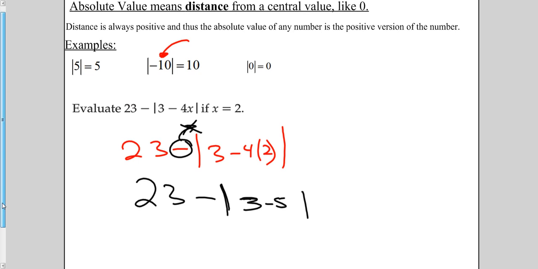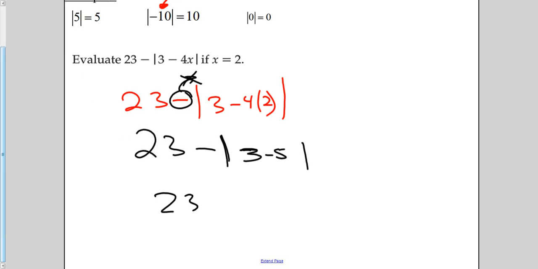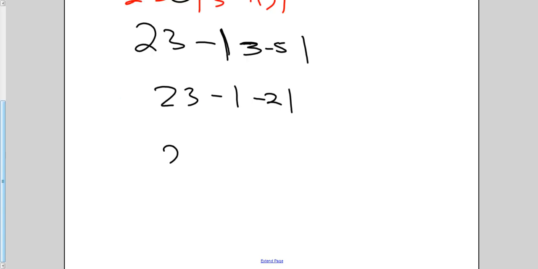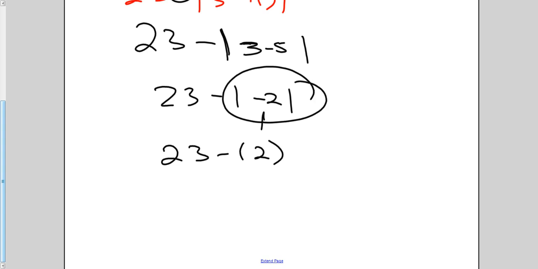What I get from that is 23 minus the absolute value of negative 2, and here is where this comes into play. The absolute value of negative 2 is just 2. So that comes out, and I put in parentheses now, to let me see what's actually happening. And I get 23 minus 2, and 23 minus 2 is going to be 21.